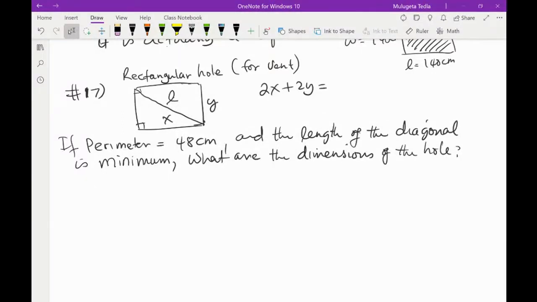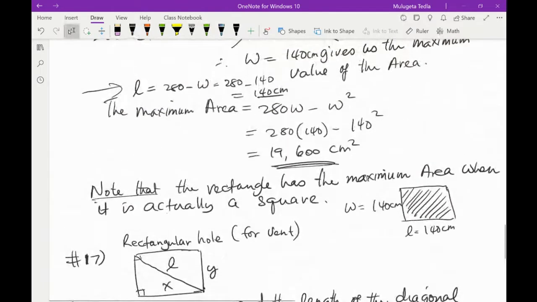So then we know, as a solution, that the perimeter formula is the sum of all the sides of the figure, which is 2x plus 2y equal to whatever the perimeter is, 48. And then the diagonal. Now, they didn't talk about the area like number 16.